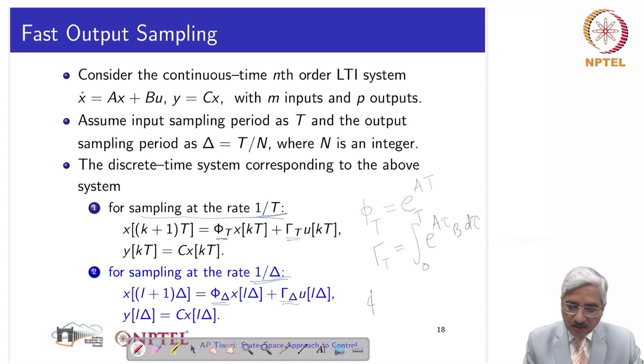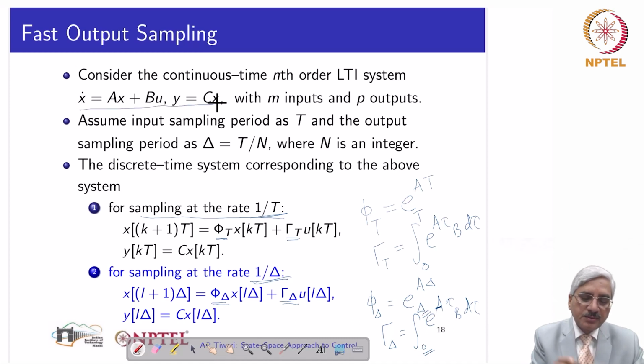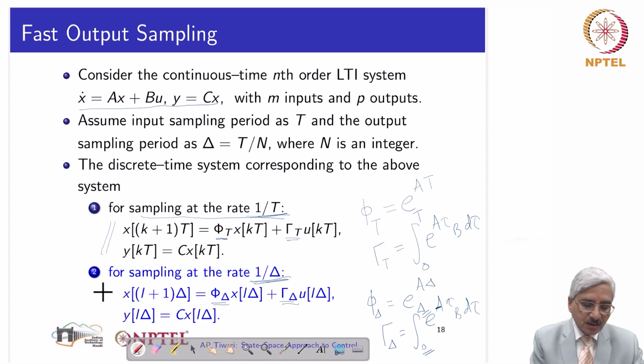Now the system matrix is phi delta, which is e to the power A delta, and of course gamma delta will be the integral of e to the power A tau B d tau. The integration limits will be from 0 to delta in this case. So we have the same continuous time system sampled at two different rates, 1 by T and 1 by delta. We have two different descriptions.